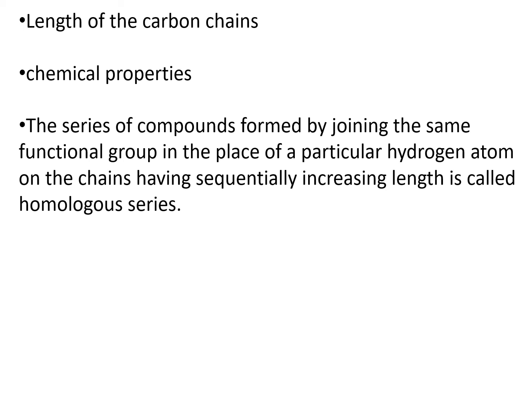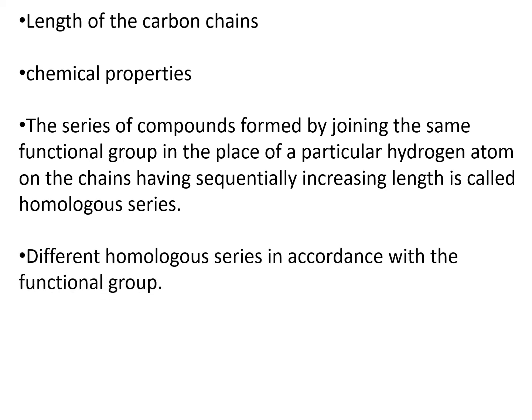So methanol, ethanol, propanol, butanol and the further series are called a homologous series. Why? Because the hydrogen atom is being replaced by the functional group of alcohol, and the carbon keeps on increasing. Different homologous series are in accordance with the functional group. So I will have different homologous series as my functional group changes.